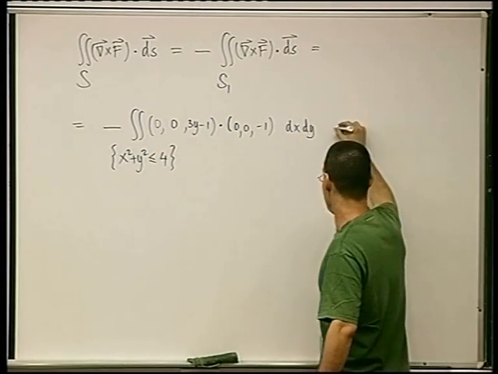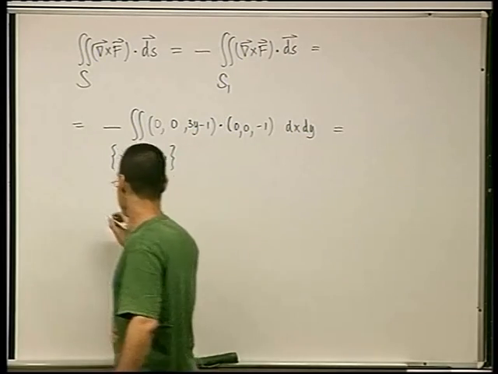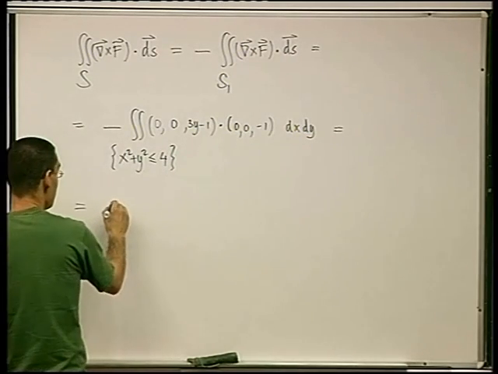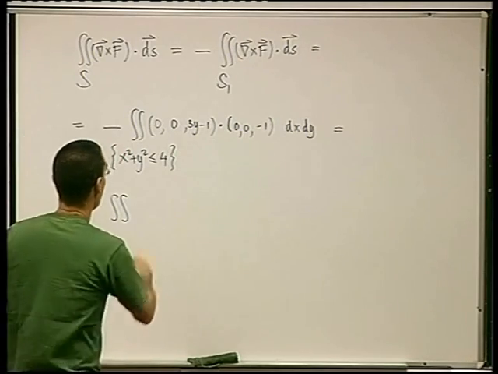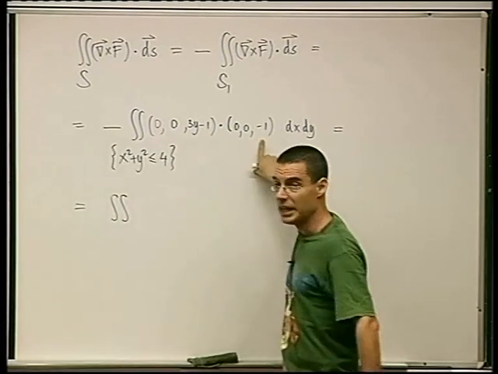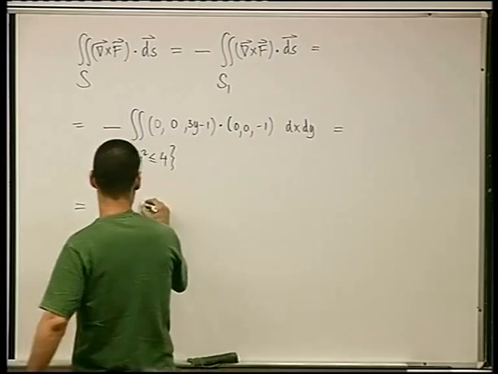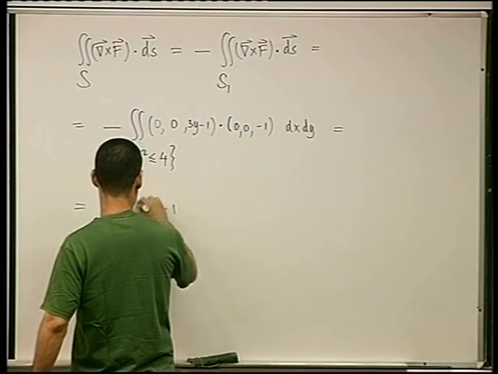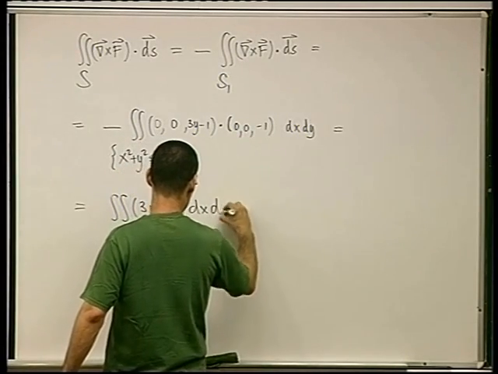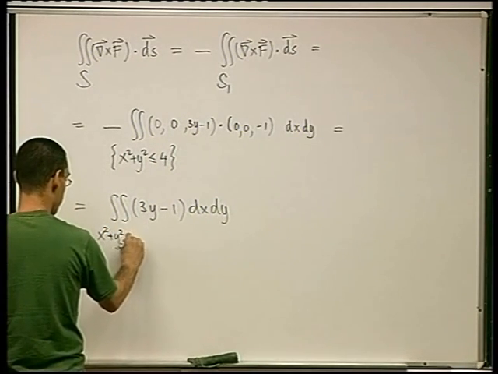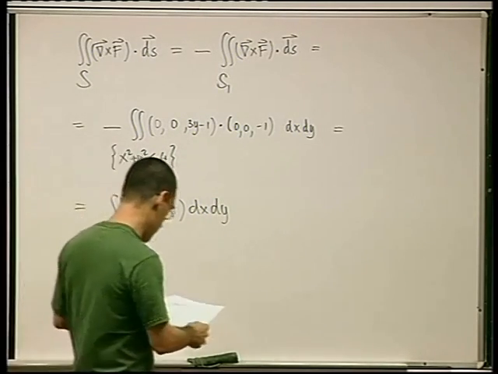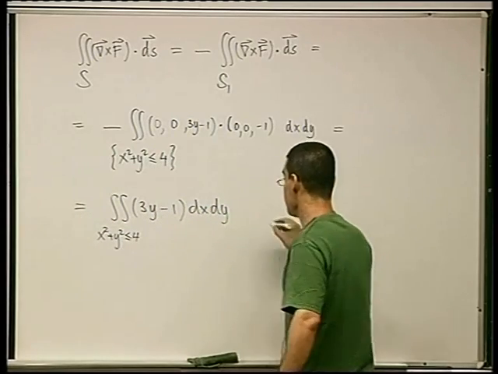So now let's calculate it. So I get the double integral of, these two minuses indeed can cancel. So I get 3y minus 1 dx dy over this disk. This is the integral that we want to calculate.